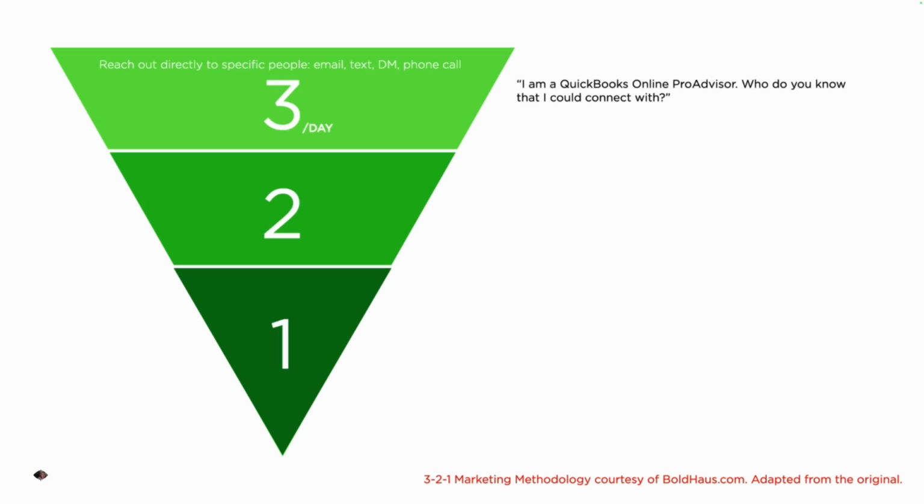So you're not selling your services, and you're definitely not saying to your person that you are going to sell their friend your services. All you want to do is connect with them. So now you're going to do all this activity, 3 individuals per day. Some of the people are going to say, oh, I don't know anybody.